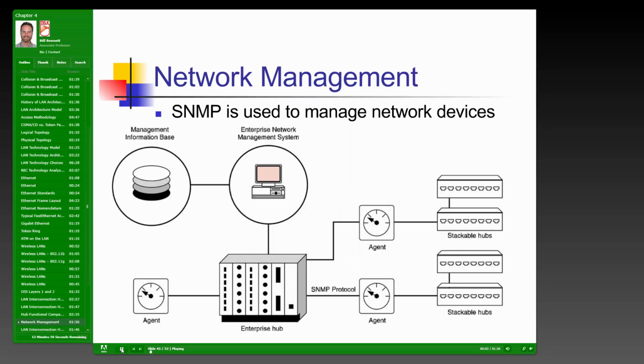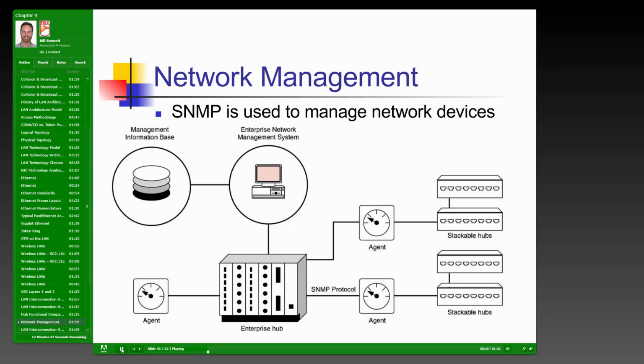Kind of a quick overview here of network management. We actually have a whole chapter where we cover network management, but there's a special protocol that you want to start getting to be familiar with. It's SNMP, the Simple Network Management Protocol. And that is in most high-end devices.